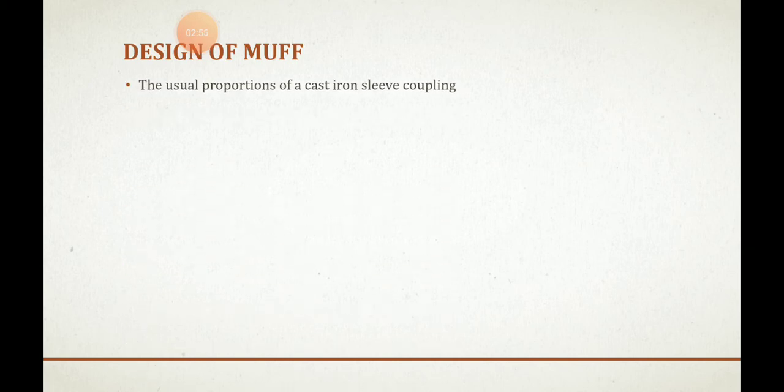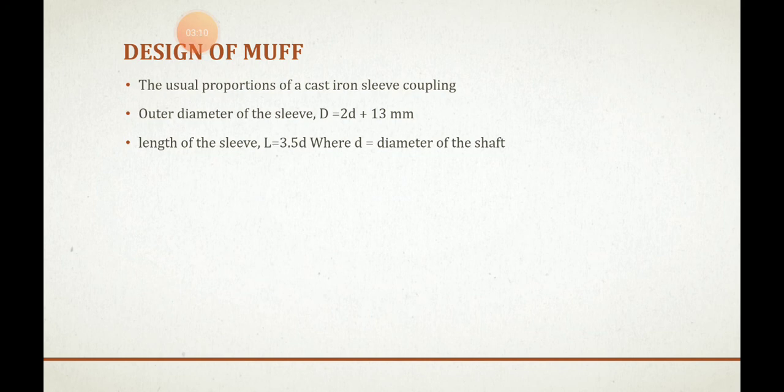Next we'll go to the design of the muff. There are some specifications for the muff, like the outside diameter of the muff is given by 2d plus 13, where d is the diameter of the shaft. The length of the sleeve L equals 3.5 times d, where d is again the diameter of the shaft.